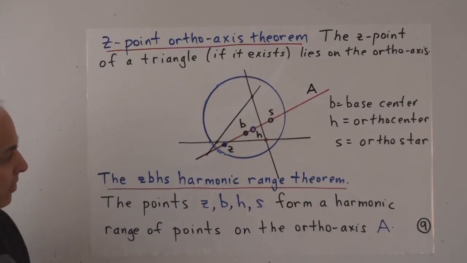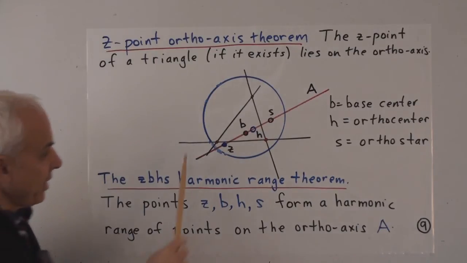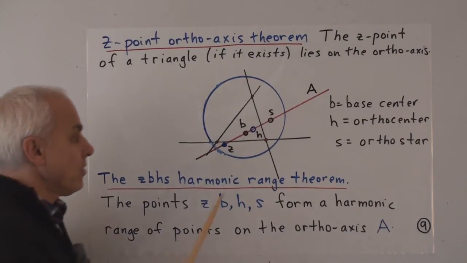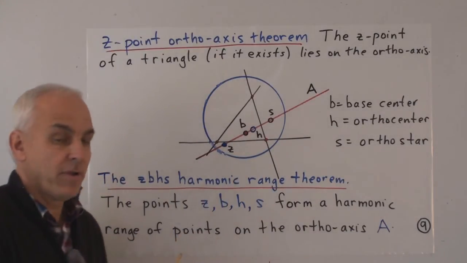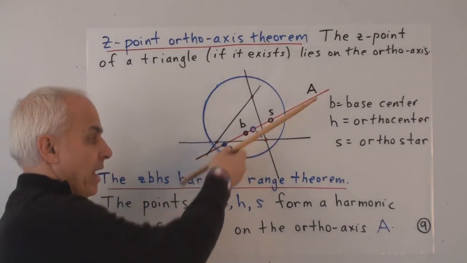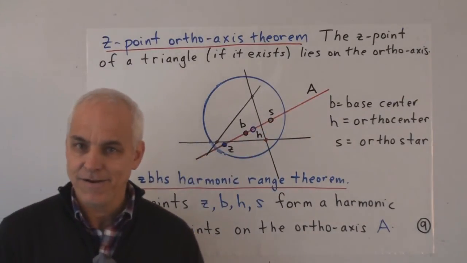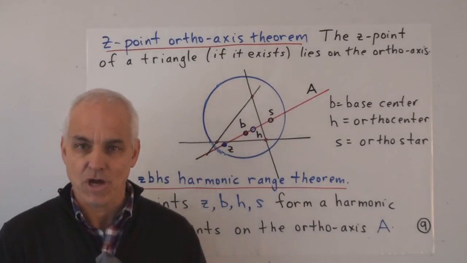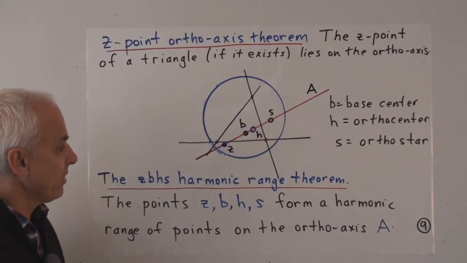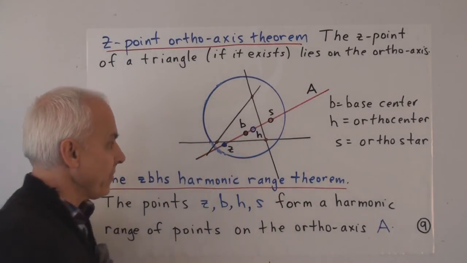I remind you that the ortho-axis of a triangle, say in this case here, is the line joining the orthocenter and the orthostar. That's the line that I claimed was the most important line in hyperbolic triangle geometry. And here we see some evidence for that. This new point, the Z point, lies on this line.